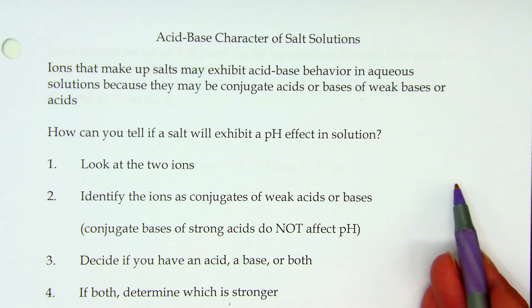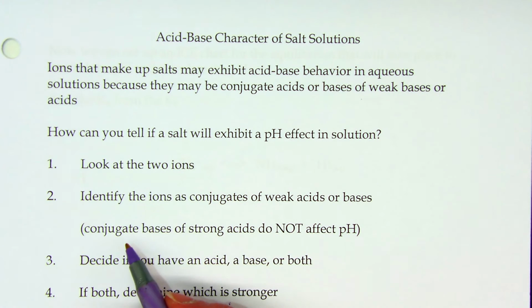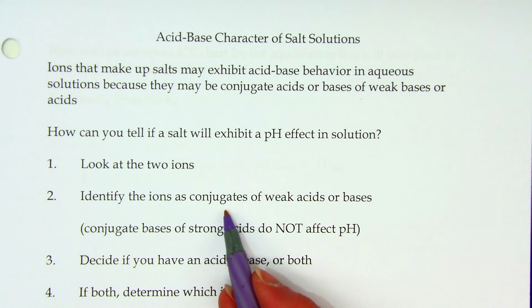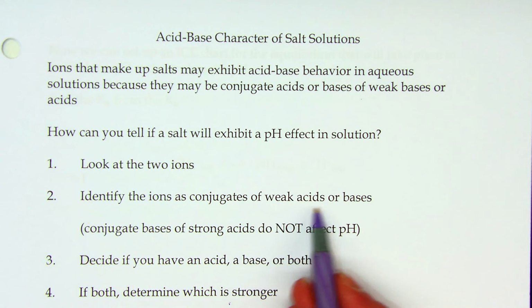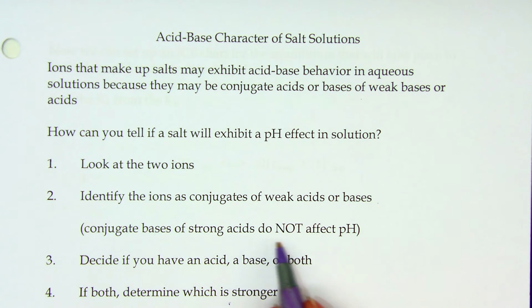So we may have some acid-base behavior. So, how do you tell? You look at the formula for the salt and identify the two ions. Then you identify the ions as either conjugates of weak acids or bases, and if so, then they will have pH effect. Conjugate bases of strong acids do not affect the pH. So you decide, do I have an acid, do I have a base, or both?